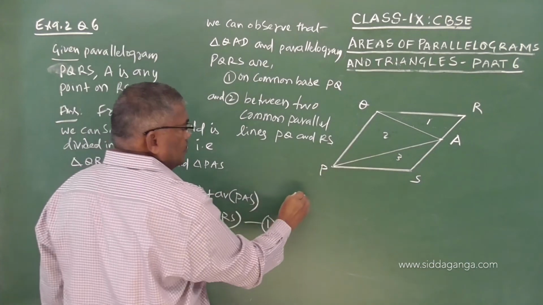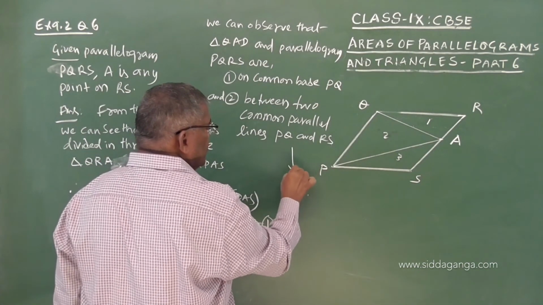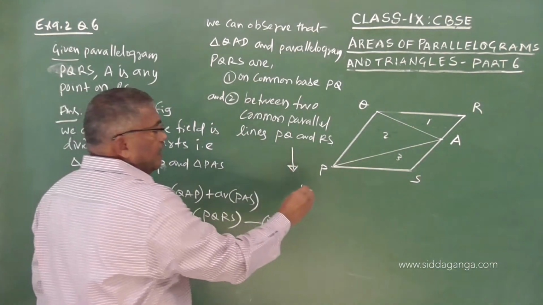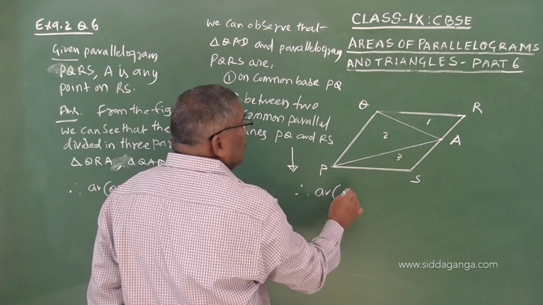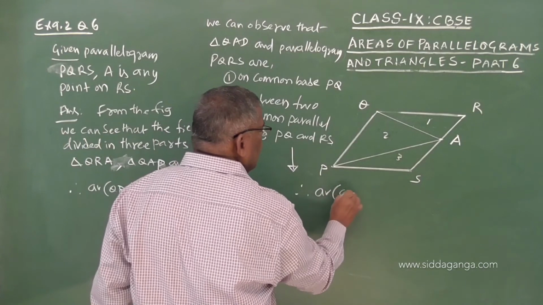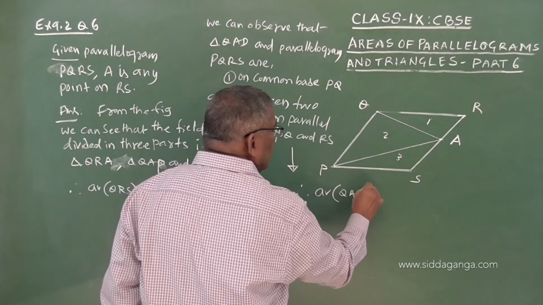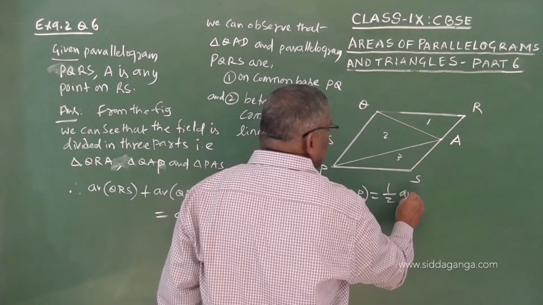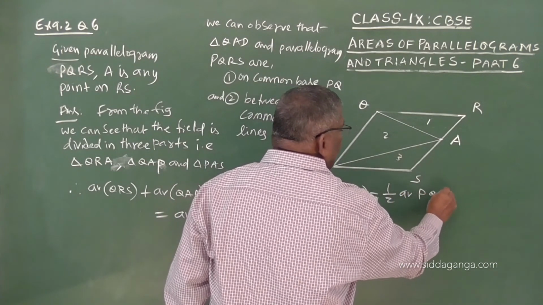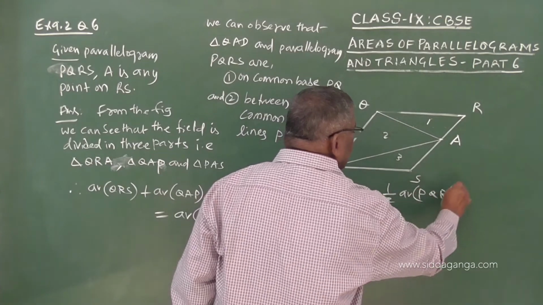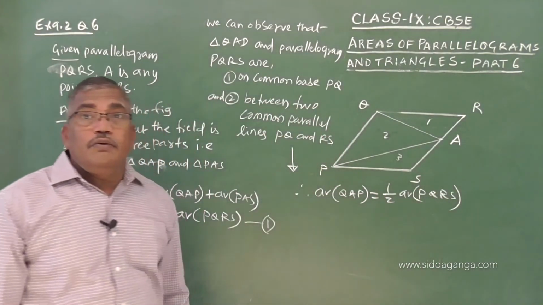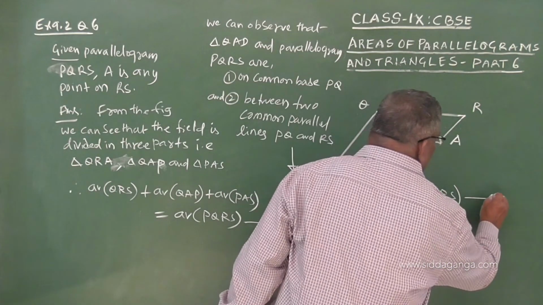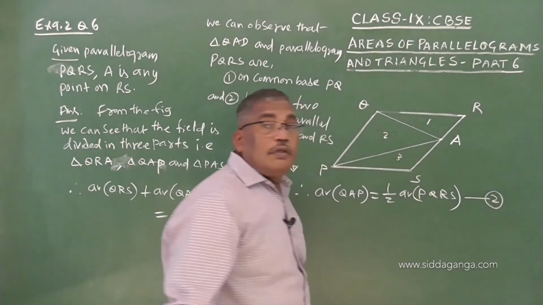Therefore, what is the conclusion? Therefore, from this, the area of triangle QAP is equal to half of the area of PQRS. So you can call this 2.